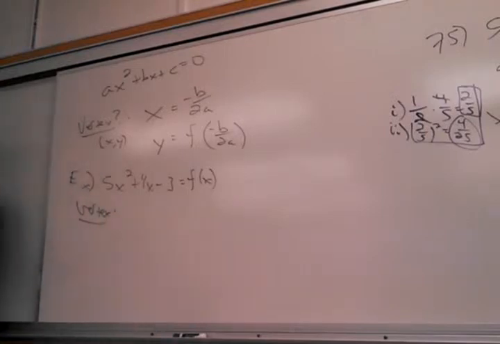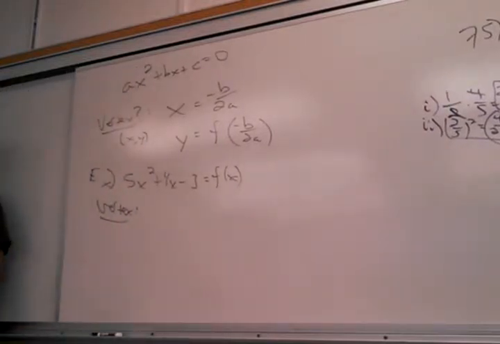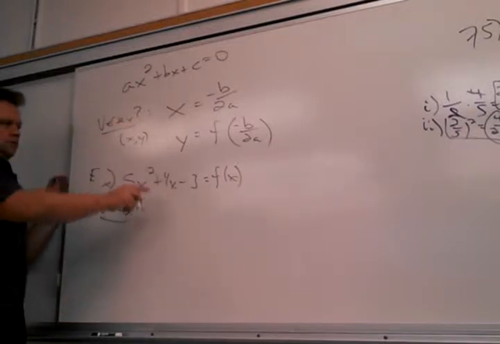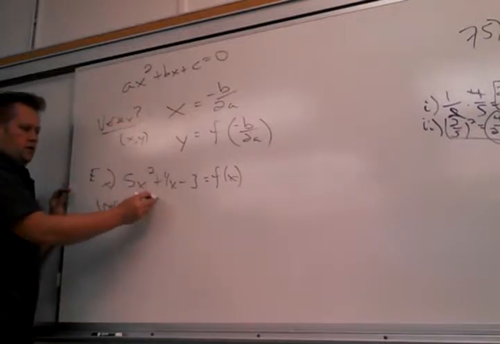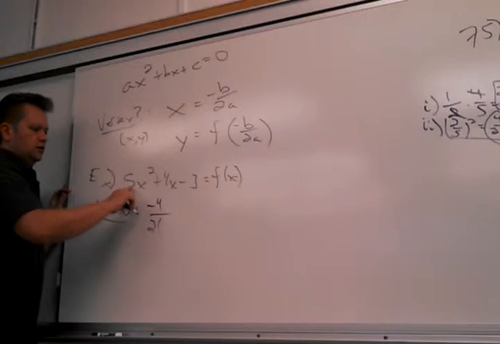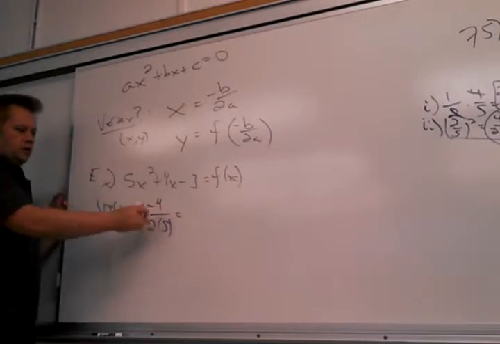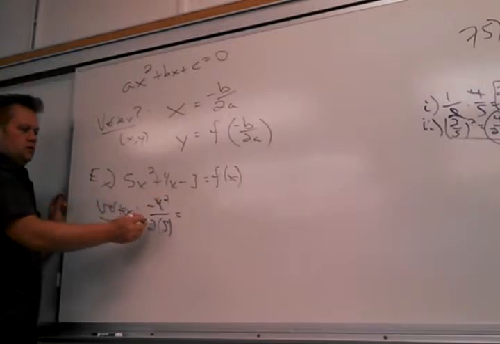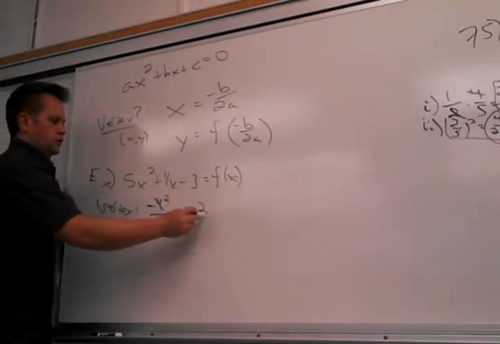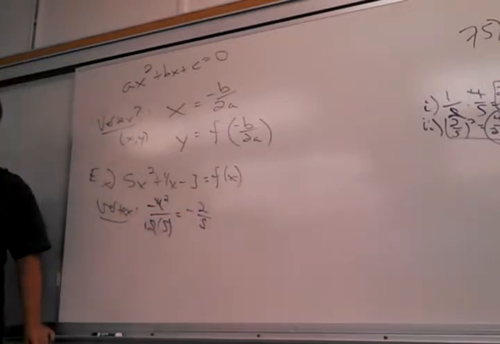This can be nice and gross. Yeah, so it'll be negative b, and b is 4. Negative 4 over twice a, and a is 5. Negative 4 divided by 2. Yeah, so negative 2/5. So that's what negative 4/10 reduces to. Cool.